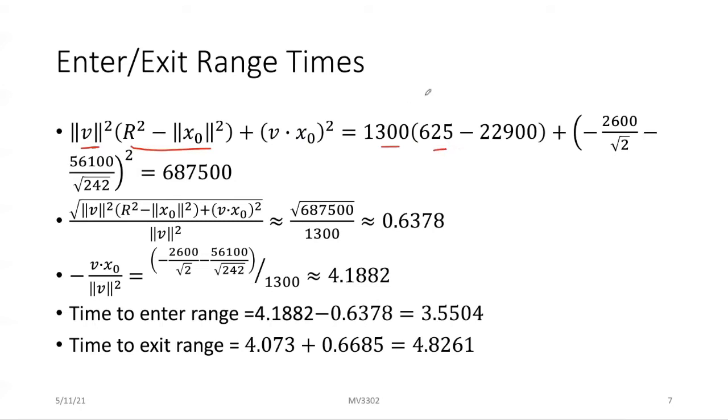The range was 25, so 25 squared is 625. The norm of the relative location squared was 22,900. And then the square of the inner product. Remember, we computed the inner product, and when all that settles out, we get this value.